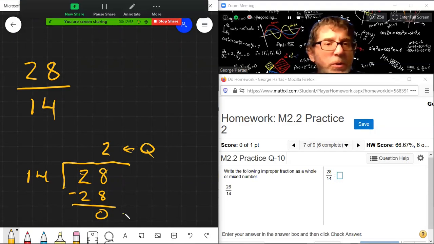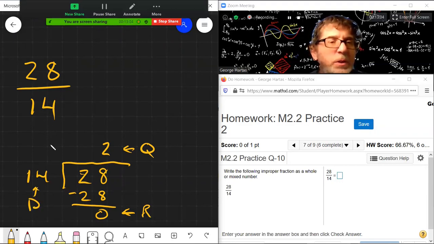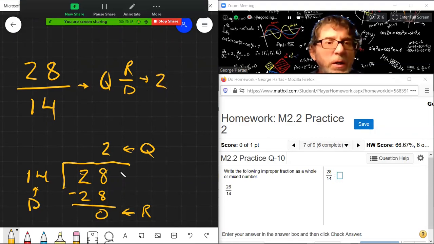Quotient is 2. Remainder is 0. Divisor is 14. Q, R, D. Q is 2. R is 0. D is 14.